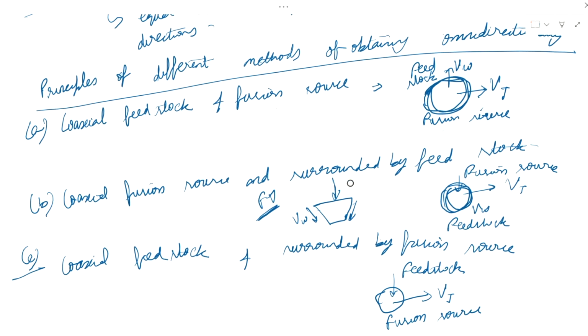For this case, this is your velocity of the feedstock and this will be your fusion source. This is the front view. So it is coaxial along a single axis. Now here this is a coaxial fusion source, but it is surrounded by the feedstock. As you can see, it is surrounded by the feedstock.